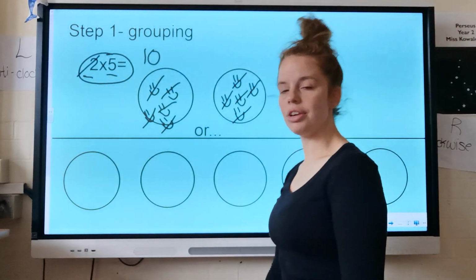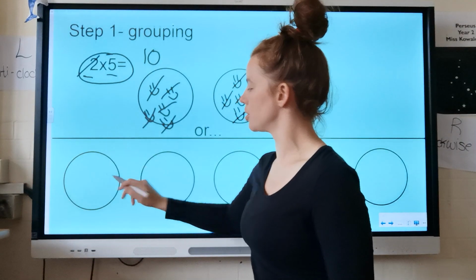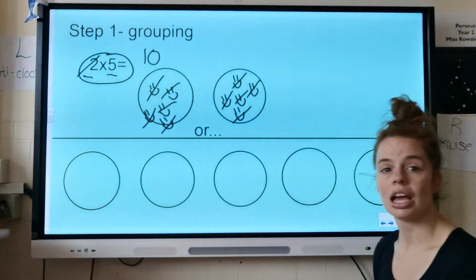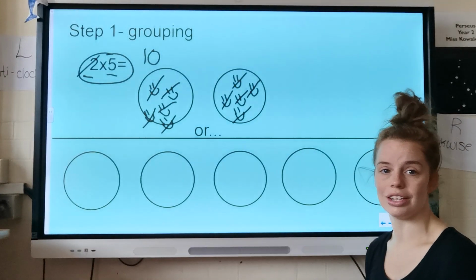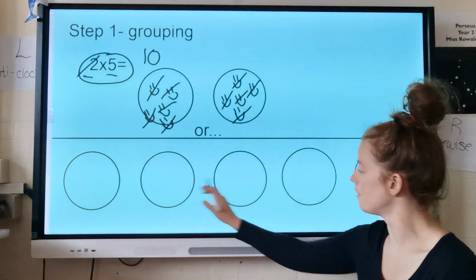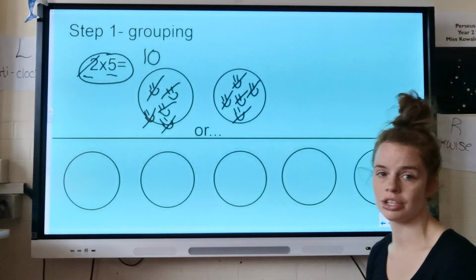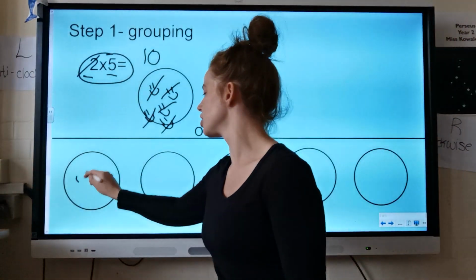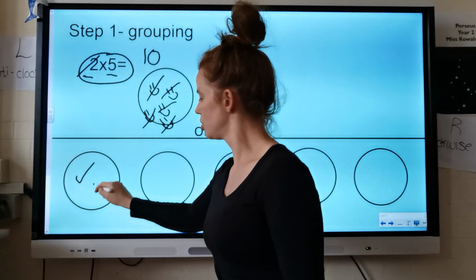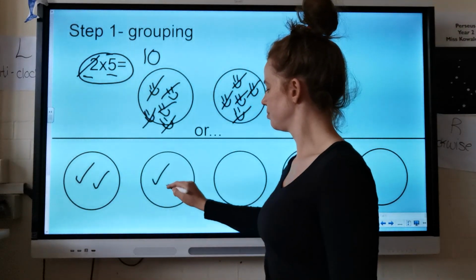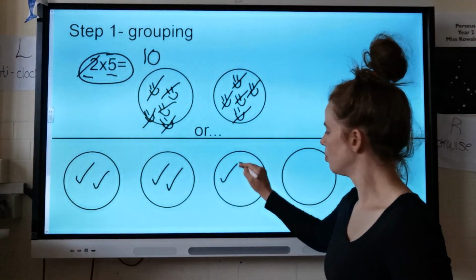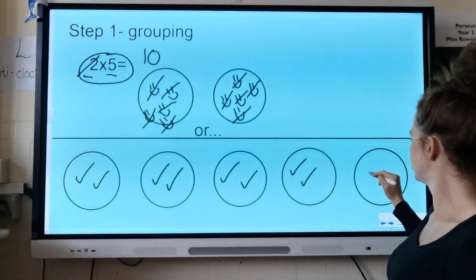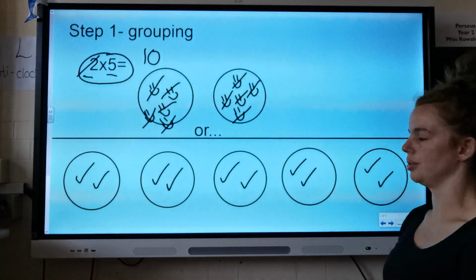Or you could do it the other way. So you could do 5 first. So we've done 5 circles here, and then you have to put 2 in each circle. So we've done our 5 circles and then we can put 2 in each circle. I'm going to do just ticks for this one. 1, 2, 1, 2, 1, 2, 1, 2, 1, 2.